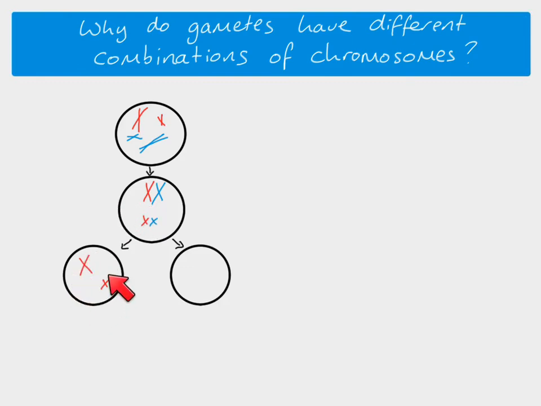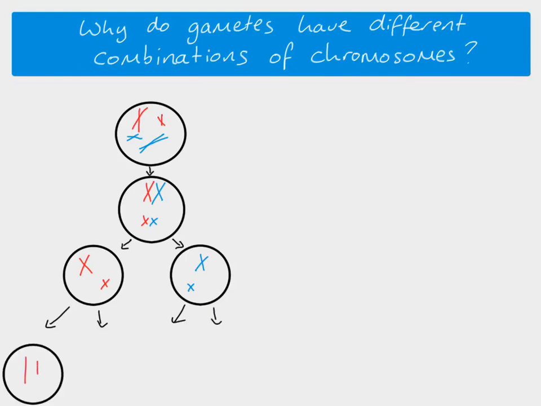So this cell here will have one red for each homologous pair, and then the other cell would of course have the blue chromosomes from each homologous pair. And then the second stage of meiosis would take place. In this cell, the chromatids for each chromosome are going to separate, and we end up with our two daughter cells, and the same for the other one.